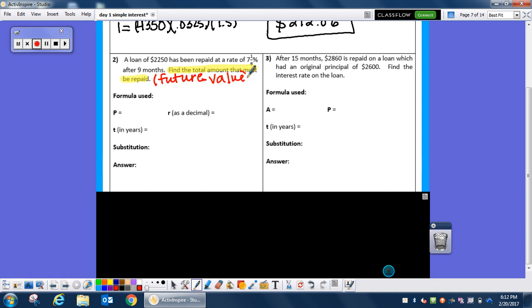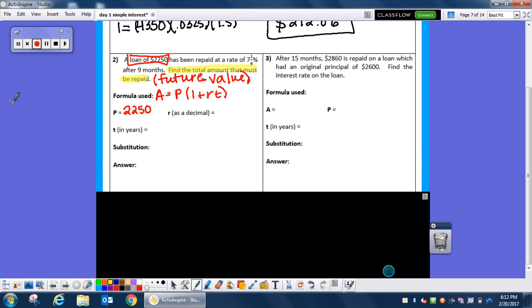So that formula would be A equals P times 1 plus RT. The principal is the initial amount of the loan, which is $2,250. The rate is the percent as a decimal.